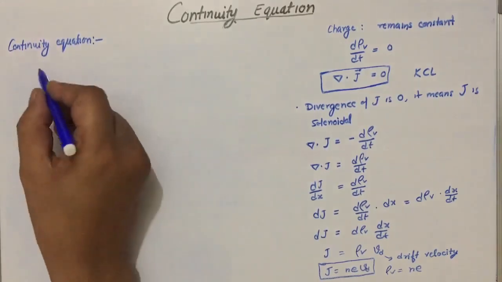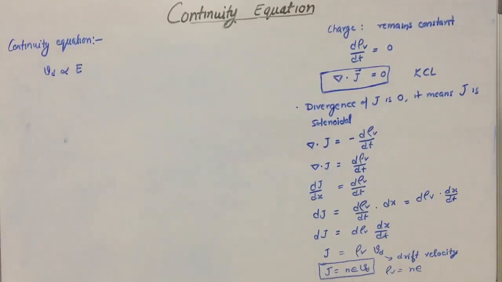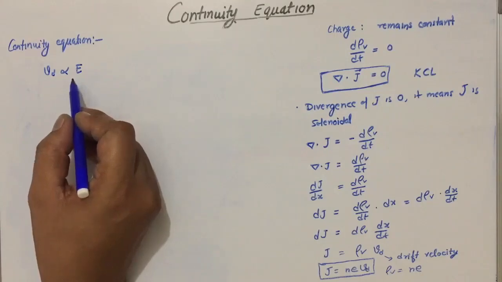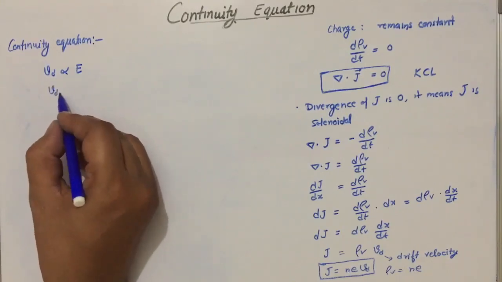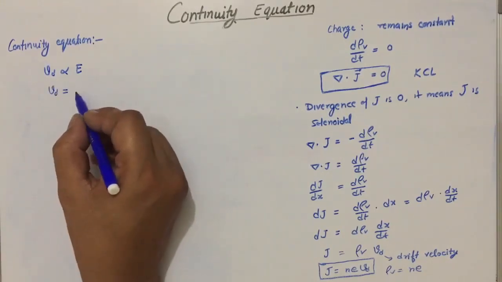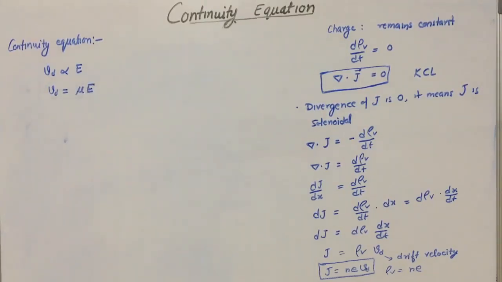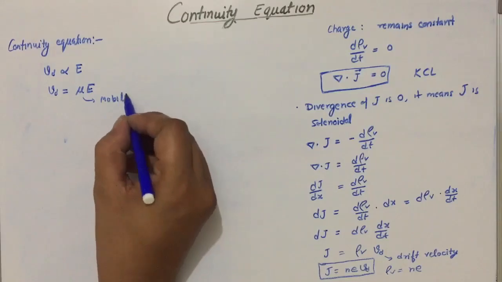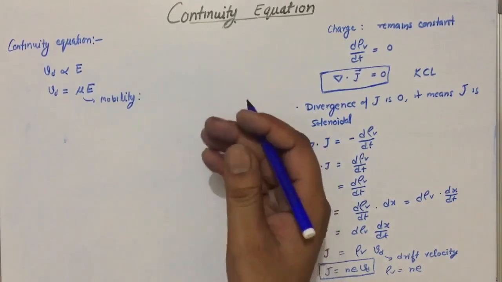Okay, so this is the final term that can be written regarding the current density J. And Vd is proportional to E. It is the net drift of the electrons in the field, so it is linearly proportional to the field. If we remove the proportionality, it can be replaced by the mobility of the medium. Note down mobility: it can be defined as the ease of flow of charge.